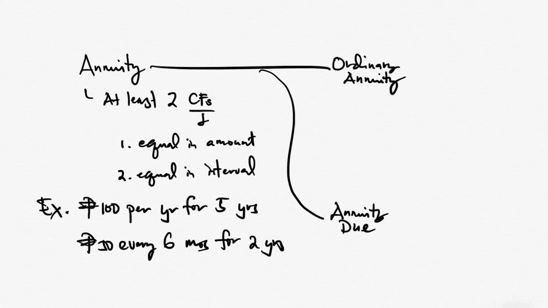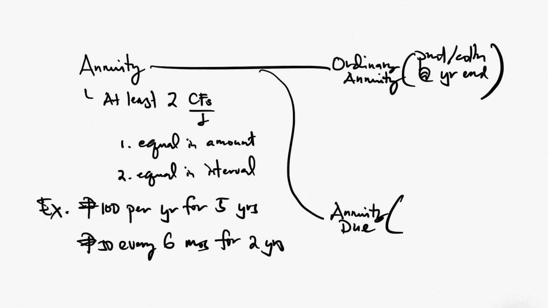So the difference lies in the timing, because under ordinary annuity, the payment or collection, depending on the problem, happens at year end. While for annuity due, the payment or collection happens at the beginning of the year. So that's the difference.